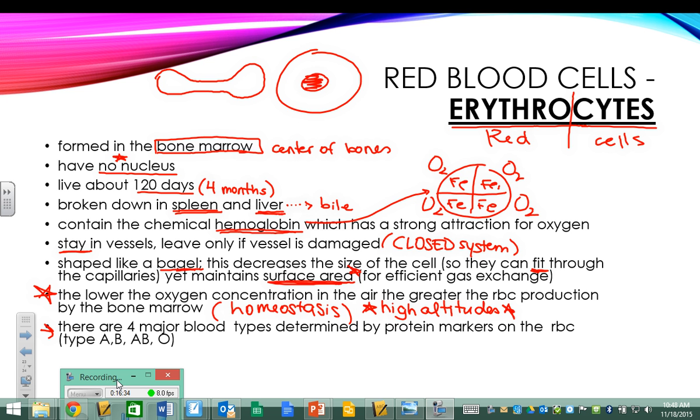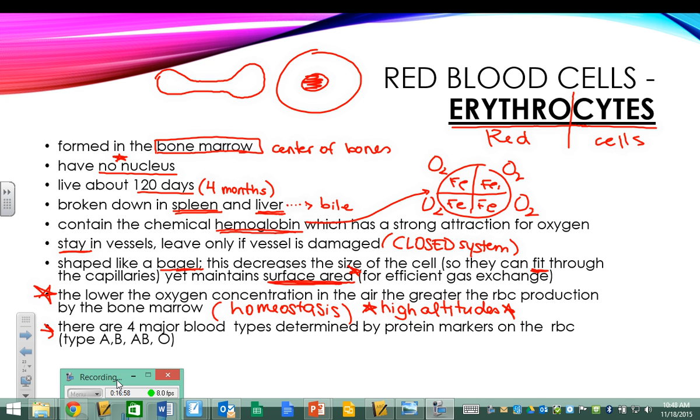Now there are 4 major blood types. Notice I use the word major because this is the typical way that we would classify someone's blood. There are other things that you could use to classify a person's blood. We are only going to talk about the ABO blood system, which is the most common one for humans to use to categorize their blood.